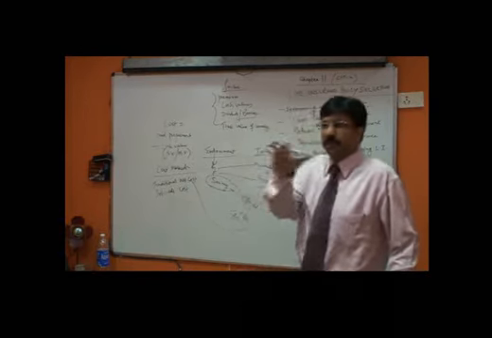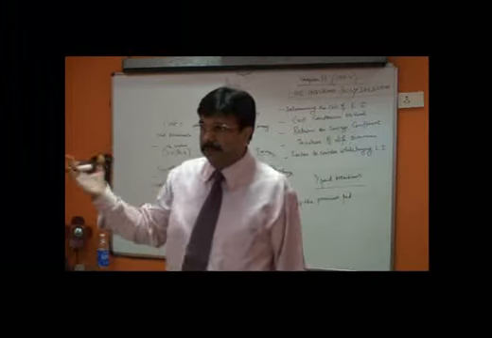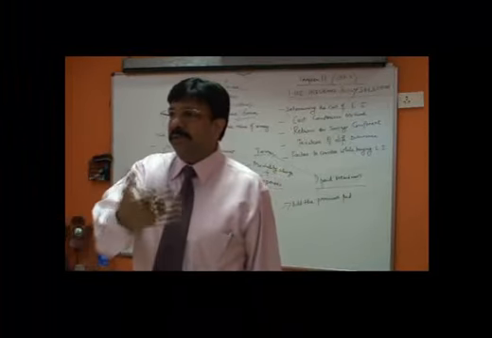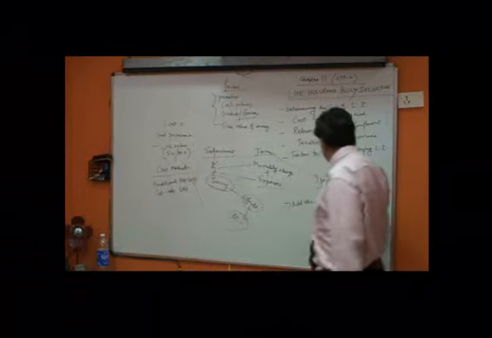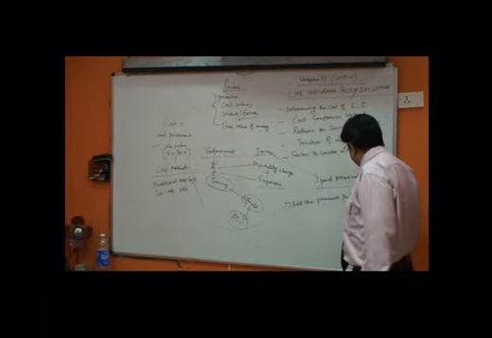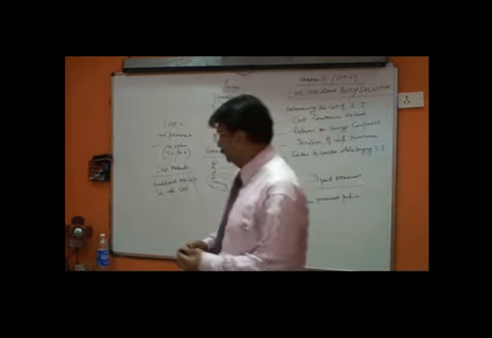If it's a participating policy, there would be some bonus year to year. After the valuation, some bonuses would be announced by the company. Let's take an example to understand this.